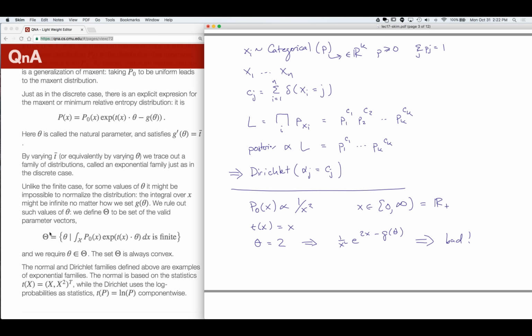The normal and the Dirichlet families that I talked about before are in fact examples of exponential families. The normal distribution is based on the statistics x and x squared, and the Dirichlet uses the log probabilities. It's an interesting exercise to try and convince yourself that those distributions are exponential families using these values of t.